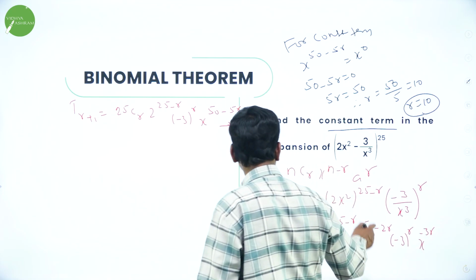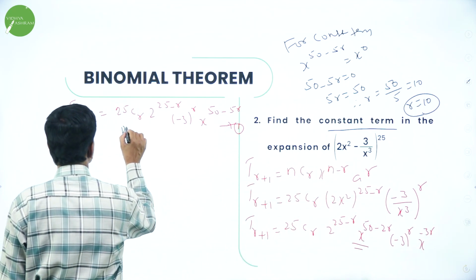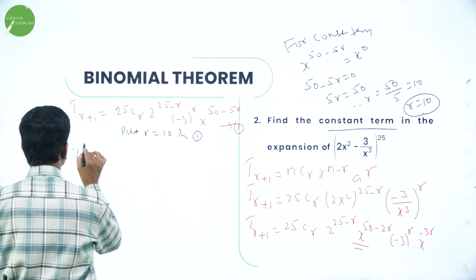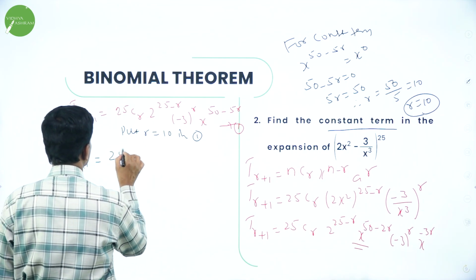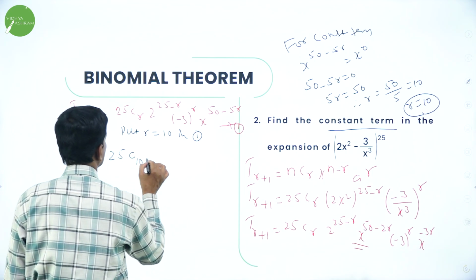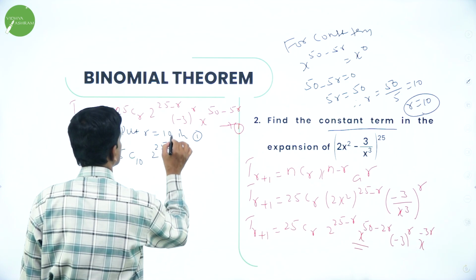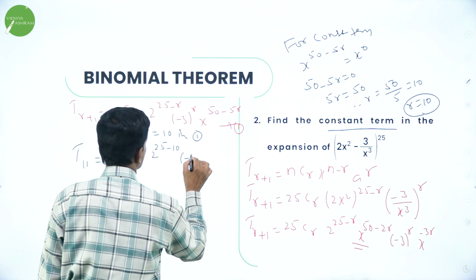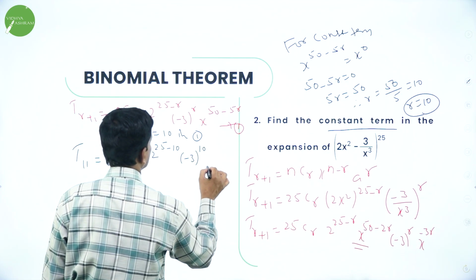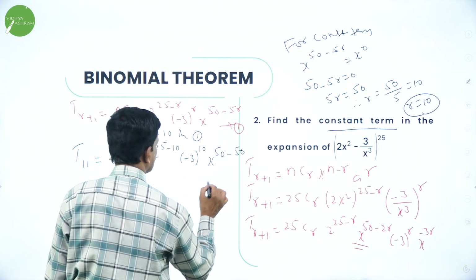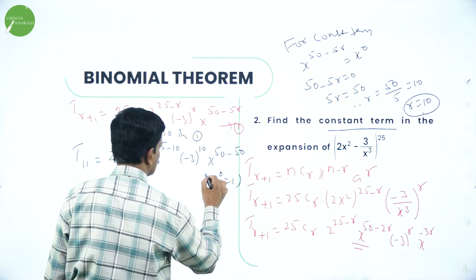So put r is equal to 10 in 1. So we will get T 11 is equal to 25 C 10, 2 to the power of 25 minus 10, minus 3 to the power of 10 into x to the power of 50 minus 50. This is x power 0, which is equal to 1.